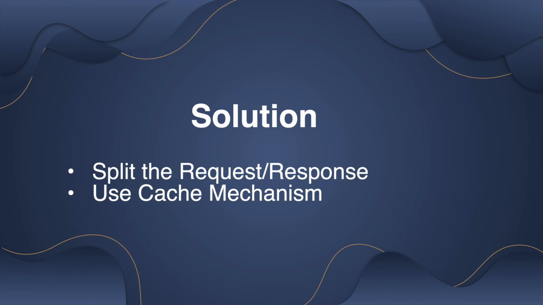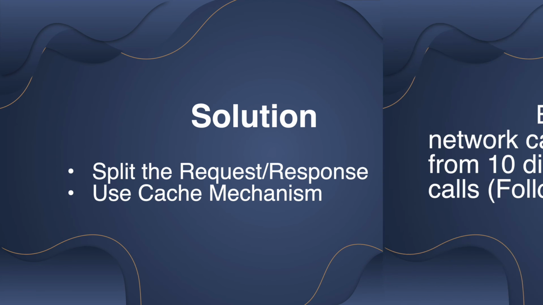So one is to split the request or response. We can say it's like separation of concerns. This can improve the response time from the backend side. Also, using a cache mechanism can improve the response time.